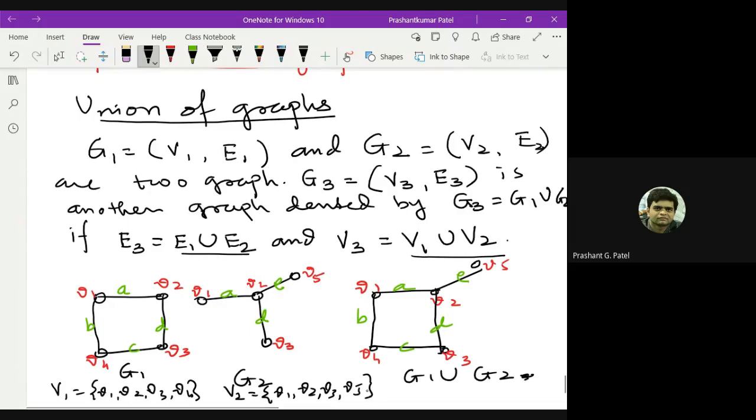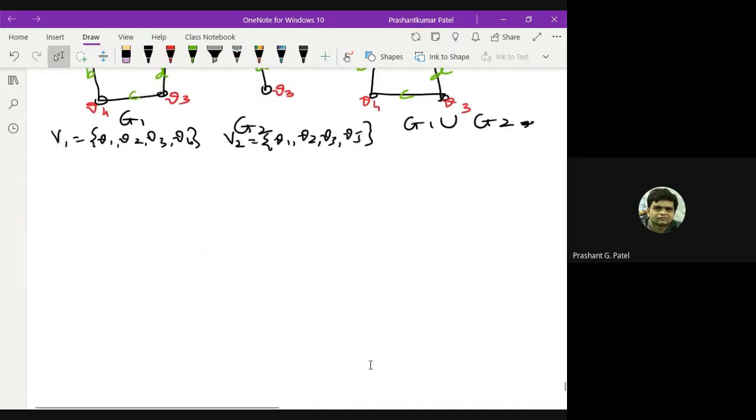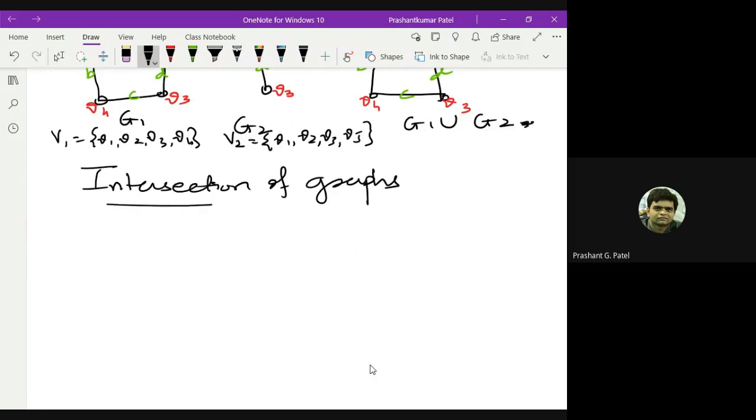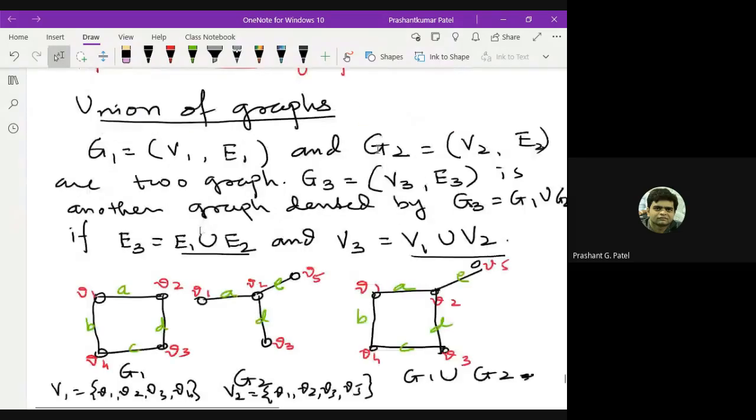In the same way we can define the intersection of two graphs. So the intersection of two graphs, as we have already defined what is G1, what is G2.